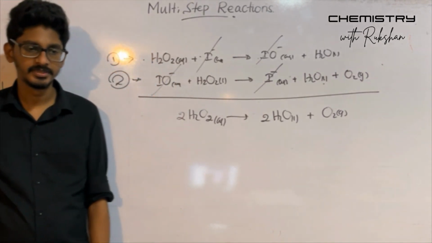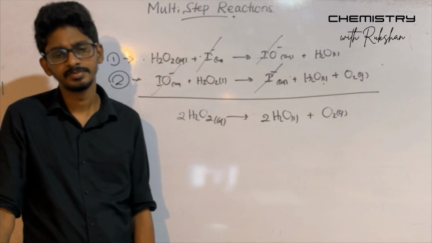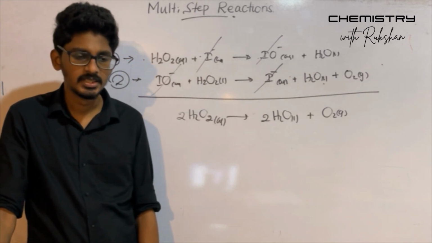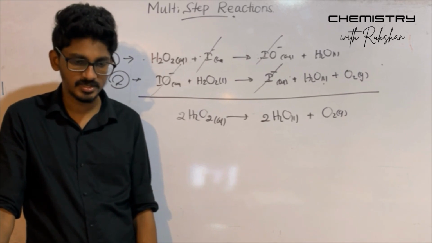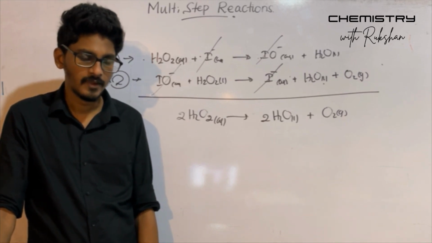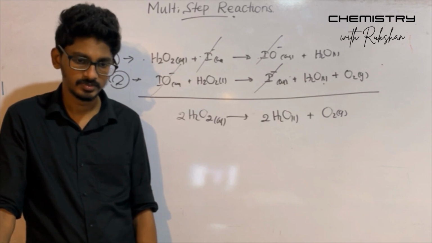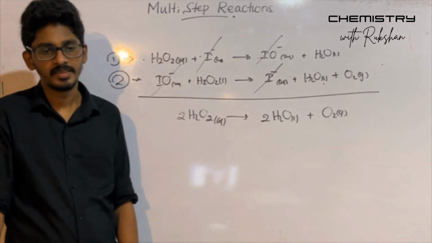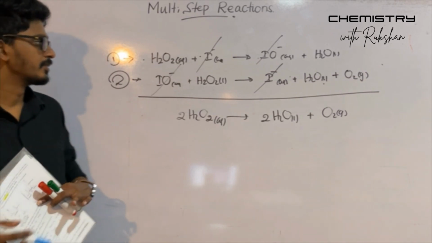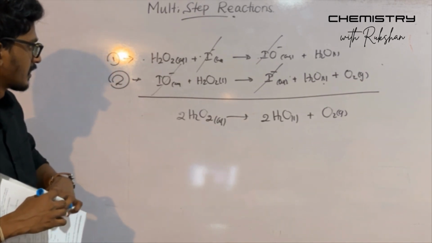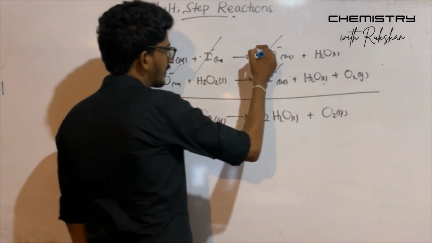So intermediate is the one which is produced first. Intermediates are the ones which are produced first, and then the total amount will be consumed. So what is the intermediate here? The intermediate is IO minus.